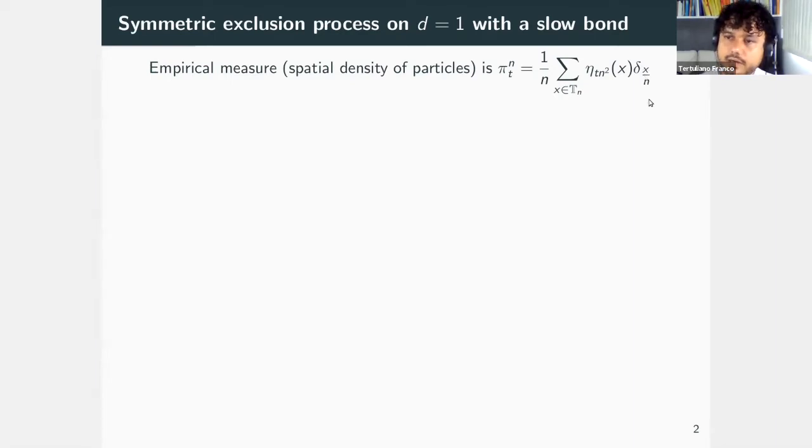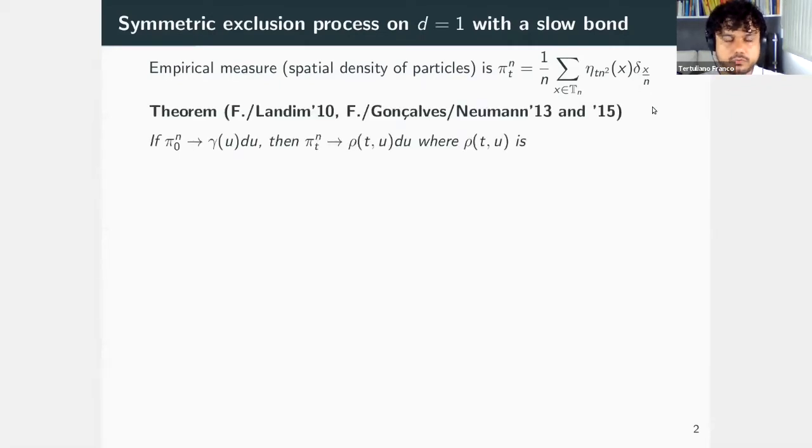It means you are seeing the discrete torus embedded in the continuous torus, or if you work on Z, you are embedding Z in the real line by dividing it by n. So the distance between sites is taken as 1 over n. This is the time scaling, and this is the space scaling.